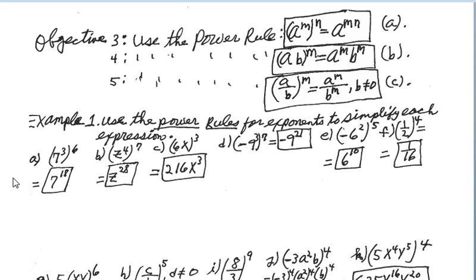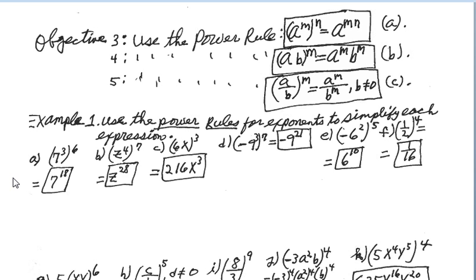E. Minus 6 to the second power raised to the fifth power. In this case, the minus 6 to the second power is the base, and it's raised to the fifth power, which means we have this minus 6 raised to the positive 10th power, and therefore the final answer is 6 to the 10th power.